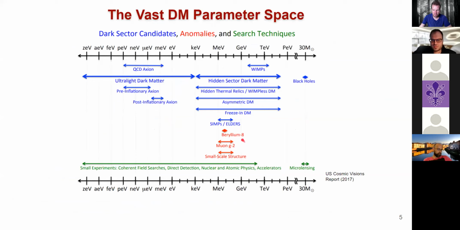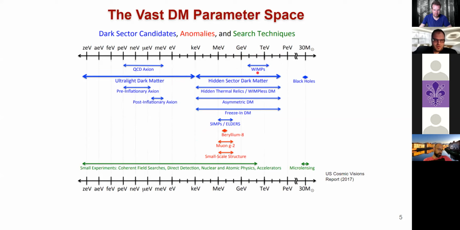Of course, there are some changes here. It shows the scale of interest in terms of mass, the various dark matter candidates, some anomalies, some new ones, and the various search techniques. As you can see, conventional direct detection of WIMPs is only focused in this very small region, which is, of course, very limited.